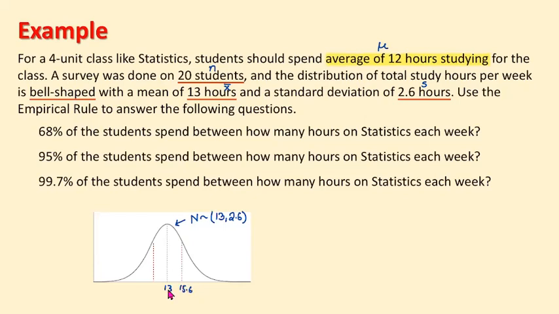And when we go 1 standard deviation down, it is 13 minus 2.6, which is 10.4. And what we know from the empirical rule is that within 1 standard deviation, we'll have 68% of the data.